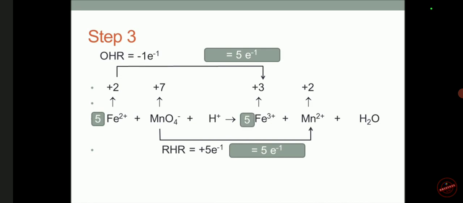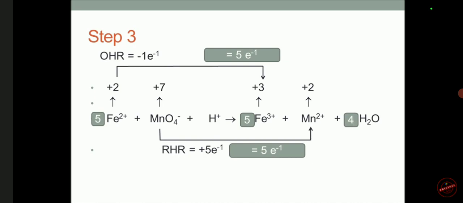Since the number of manganese ions on the left and right are the same, we're not changing the coefficient; since it's 1, it remains the same. Next, we have to balance oxygen. On the left side, we have 4 oxygen atoms in the manganate ion. According to the ion electron method, we need to have 4 moles of water on the product side. So we will add 4 moles of water.